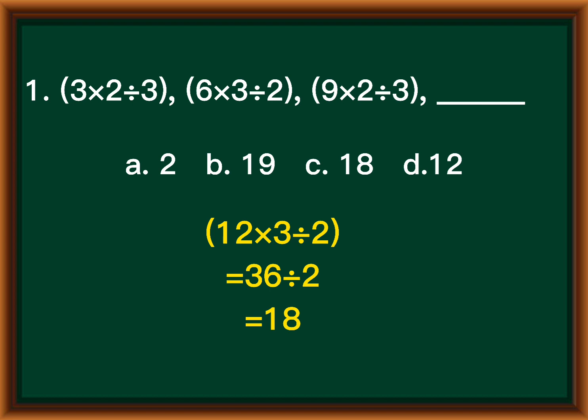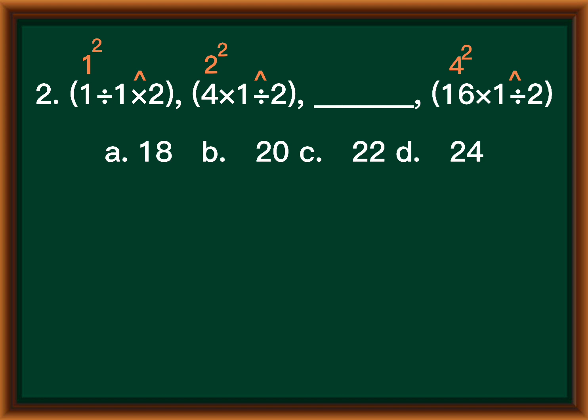May I remind you that this does not mean that multiplication and addition should go first before division and subtraction respectively. This means that in any set which has multiplication and division together or addition and subtraction together, perform the operations from left to right. So 12 times 3 divided by 2, that's 12 times 3 is 36 divided by 2, the answer is 18.